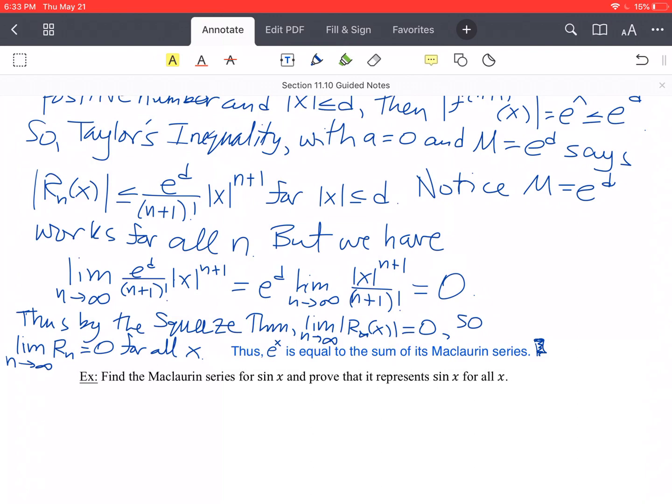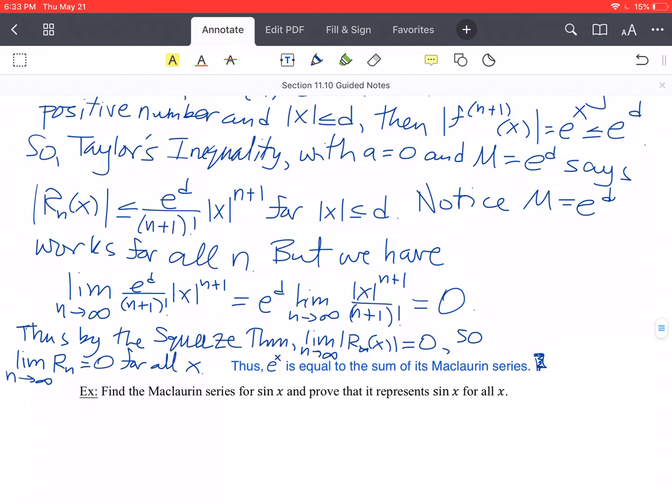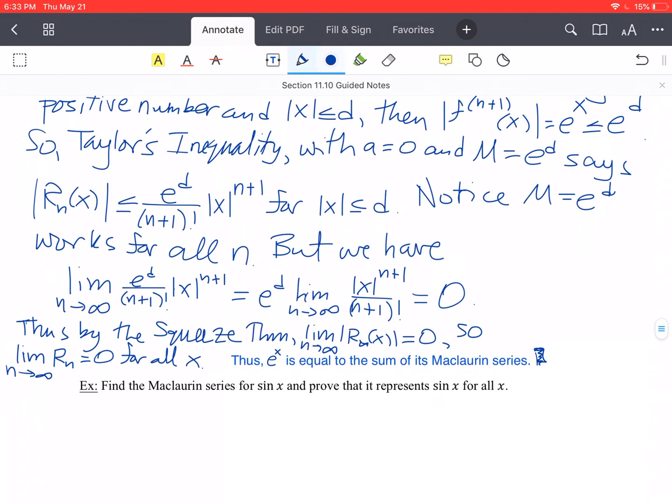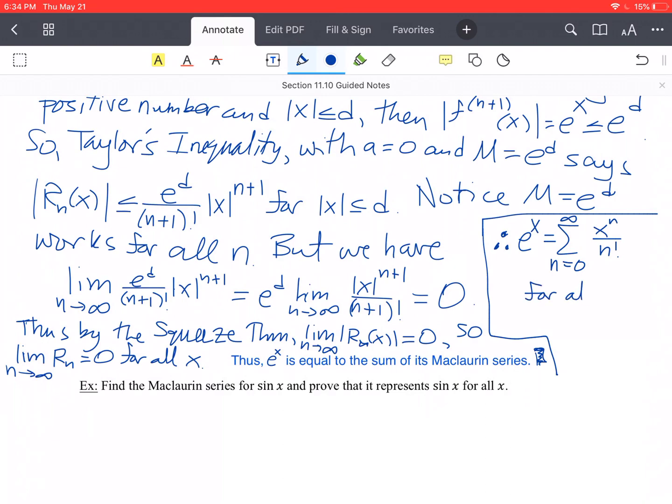Okay, so we can just kind of sum this up here. Let me just separate this off. So we can say, therefore, e to the x equals the sum, with n going from 0 to infinity, of x to the n over n factorial for all x.